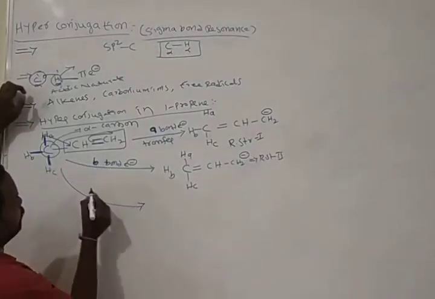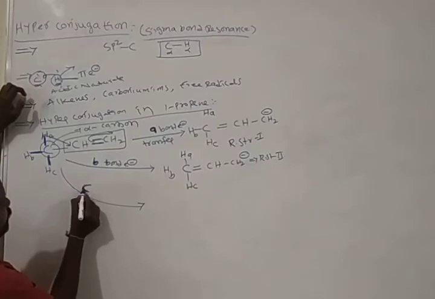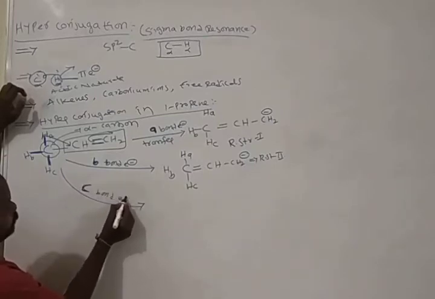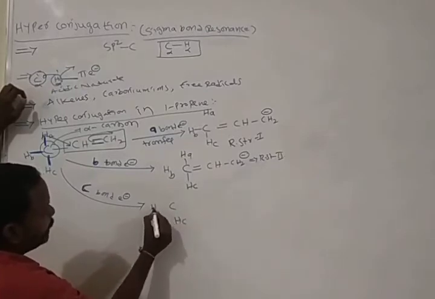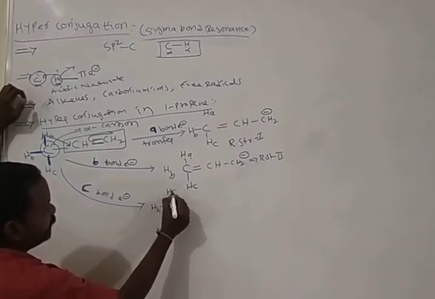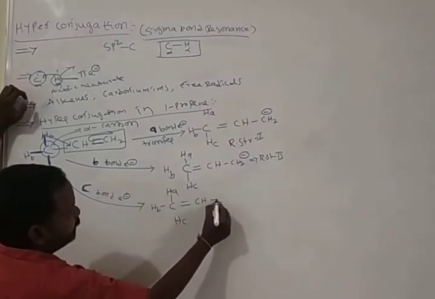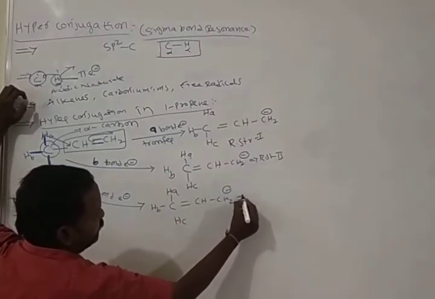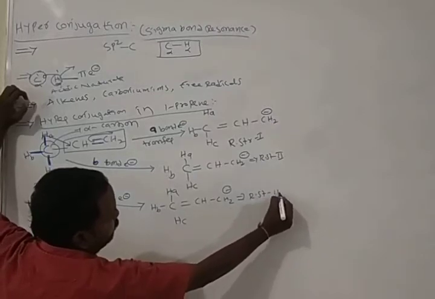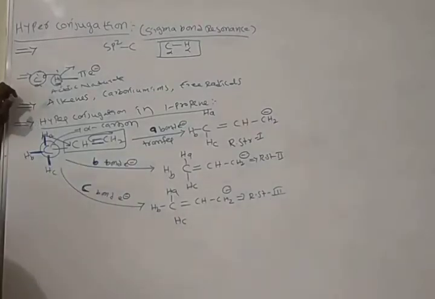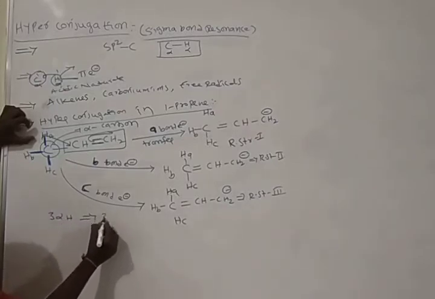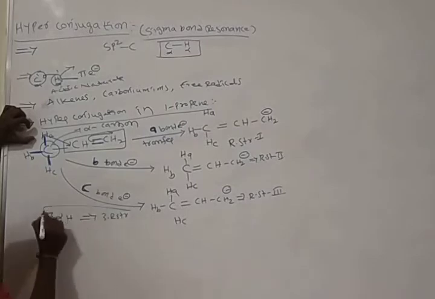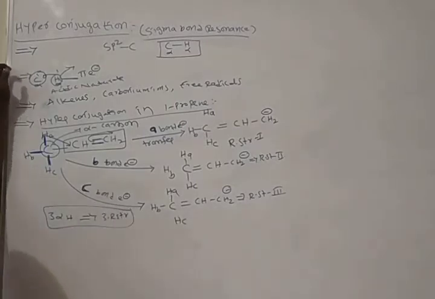One more, the C bond electron transfer: we get H B and H A as usual, double bond, CH, CH2 minus. This is a resonance structure. It contains 3 alpha hydrogens, that means it forms 3 resonance structures. That means 1 alpha hydrogen is equal to 1 resonance structure.